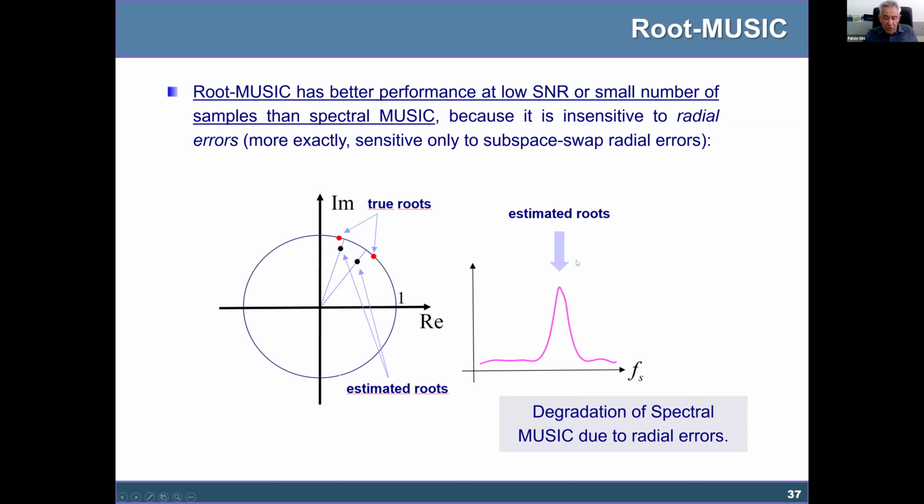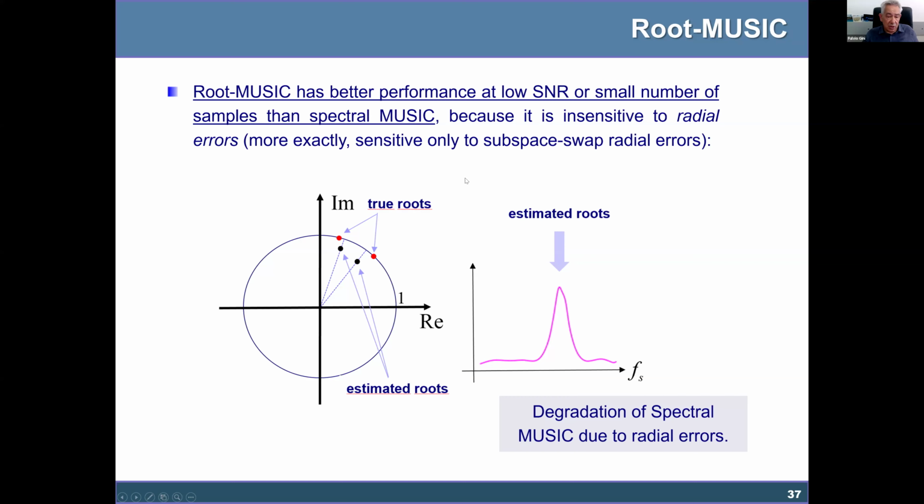And so we have a degradation of the performance of spectral music. So spectral music suffers degradation due to both phase and modulo errors. Root music is affected only by an error in the phase, not in the modulo. So that's why root music has better performance than spectral music.